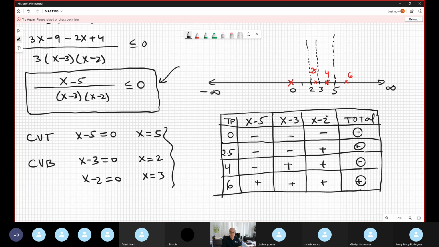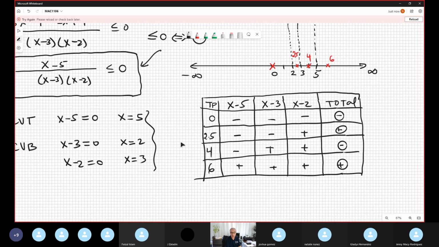So now I see that the symbol here is less than or equal to 0, which is equivalent to saying that the true ones are the negatives. But that depends on the problem. Depending on the nature of the inequality, if it is greater than, the positive is true; if it is less than, the negative is true. So the true ones in this case are this and this.